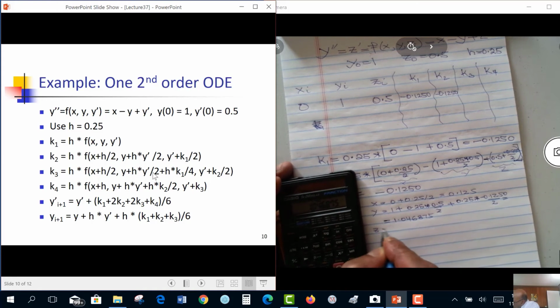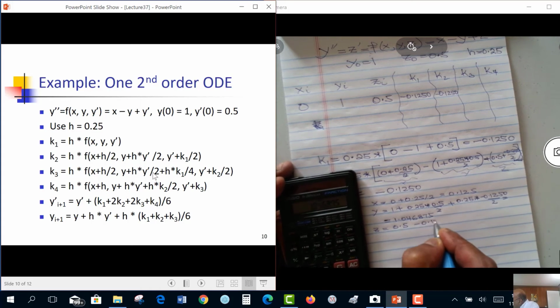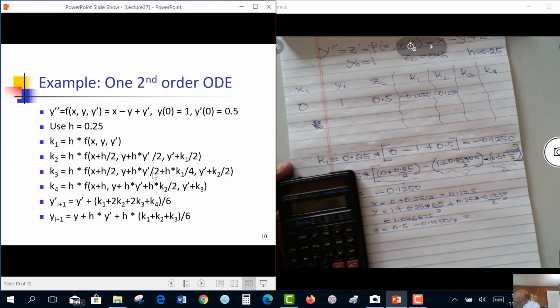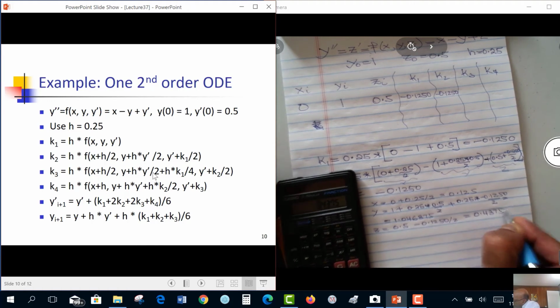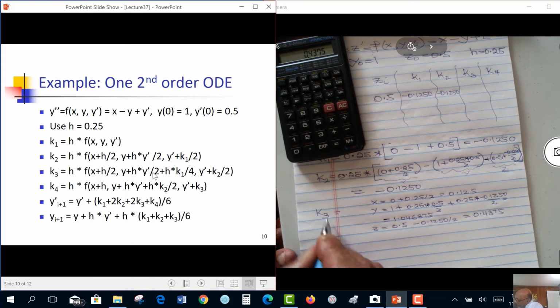And then we calculate Z, 0.5 plus K2 over 2. Okay. Once you get XYZ, then remember K3 is just our function.